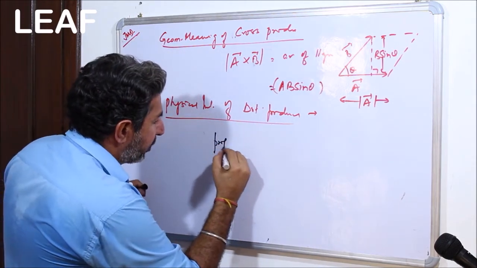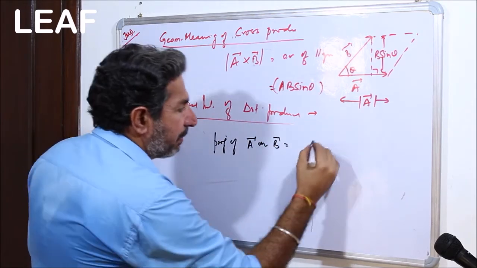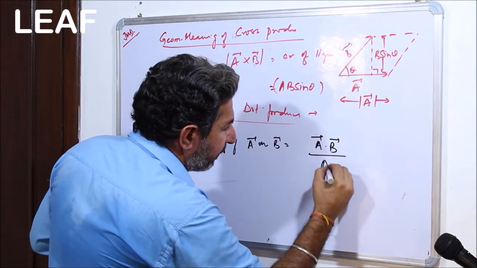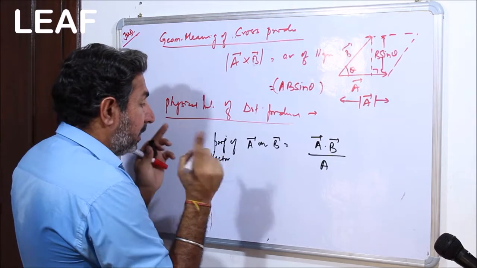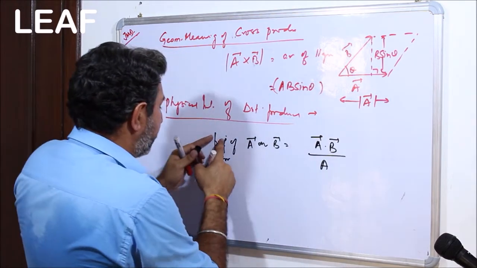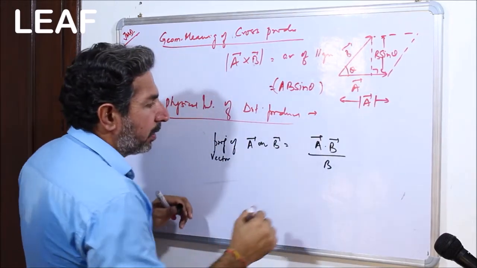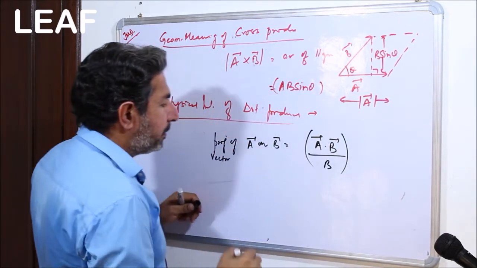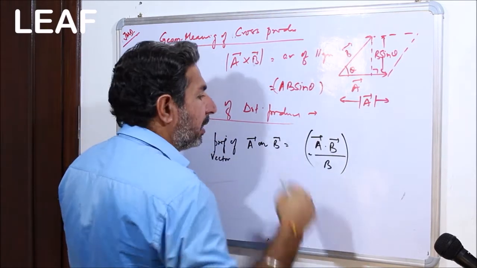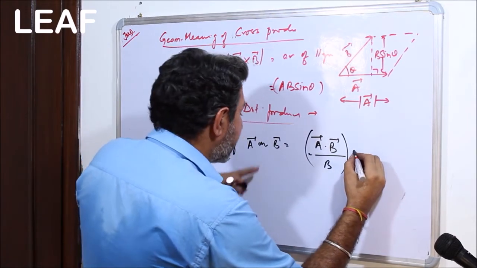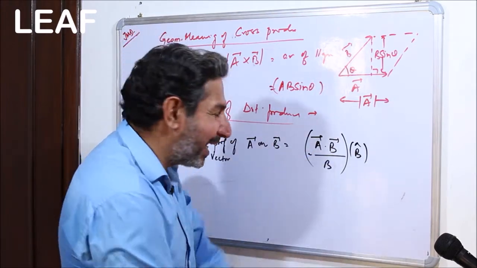So the projection of vector A on vector B is given by A dot B divided by the magnitude of B. Earlier I used the word projection only, now I'm using the word projection vector of A on B. So B will be the denominator, and since it is on B, I'll use the direction of the B vector.